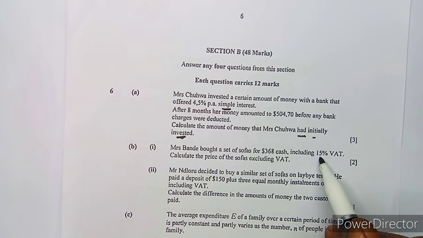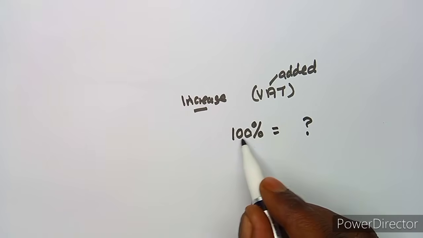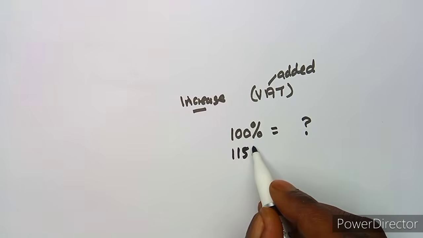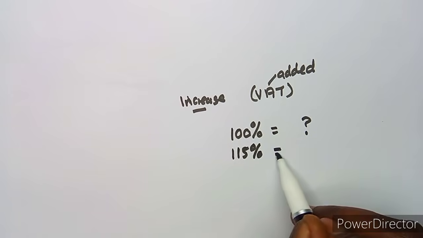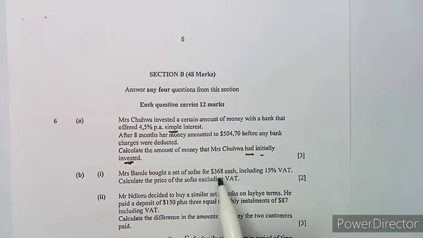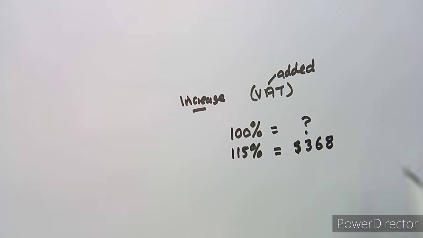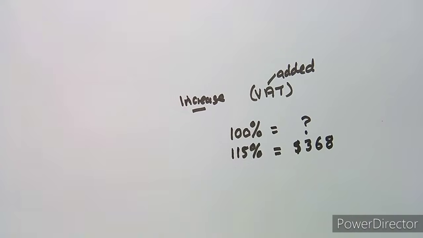So what is this 15%? We are going to add it to 100, which is going to be 115. So at 115%, the cost of the sofas was $368. So what was the price when it was originally at 100% before the tax was added?